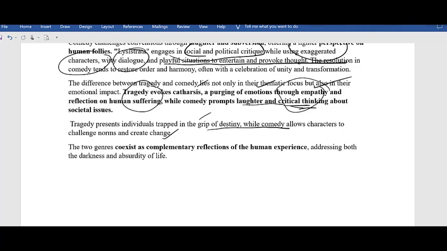Whereas in comedy, the characters are already exaggerated and they are also able to challenge social norms. So finally, you mention that these two genres coexist and are complementary to each other, and both are important for having just reflections on human experience.